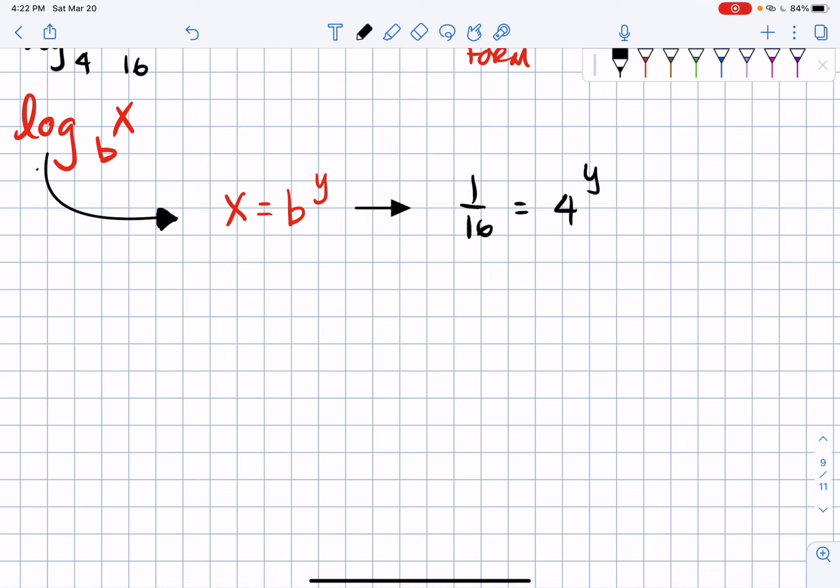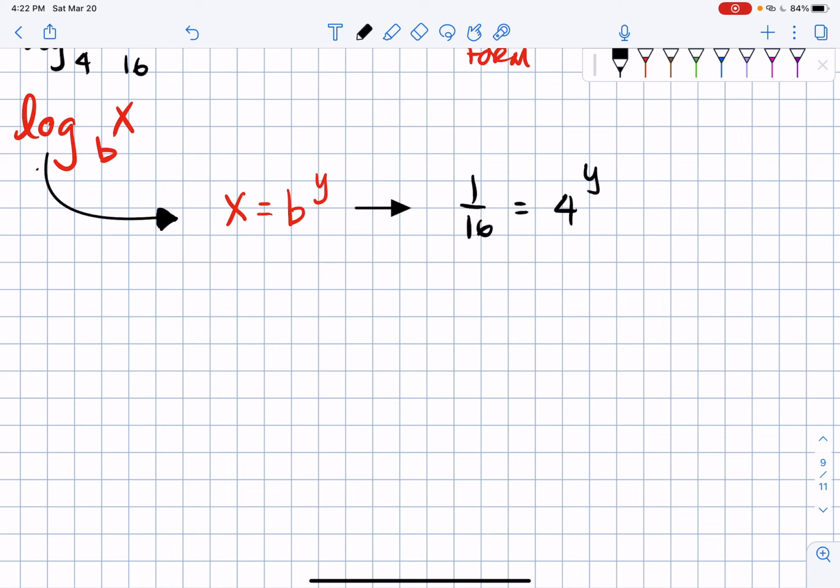If I say 4 to the first power is going to give you 4. 4 to the second power is going to give you 16, but this is 1 over 16. Ooh, it means the 16 doesn't like being on top, right? So that's why I went to the bottom.